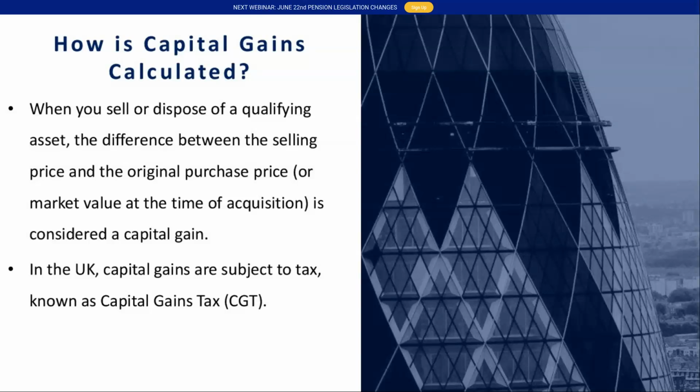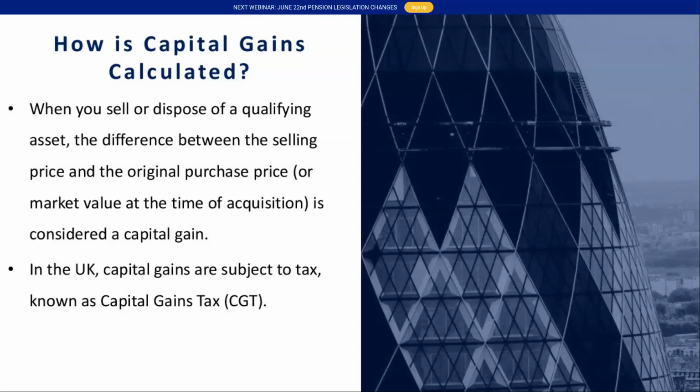So if you're a basic rate taxpayer earning £40,000 and you make a £20,000 gain, the first £10,000 will be taxed in the basic rate band at 10%, and the subsequent £10,000 will be taxed at 20% because it is above the basic rate tax band.